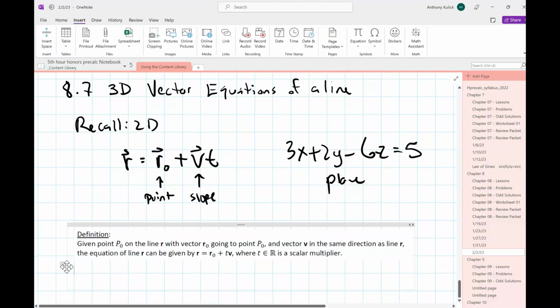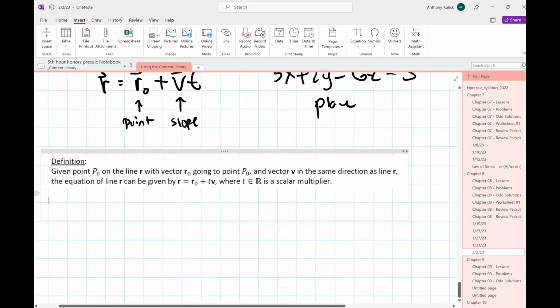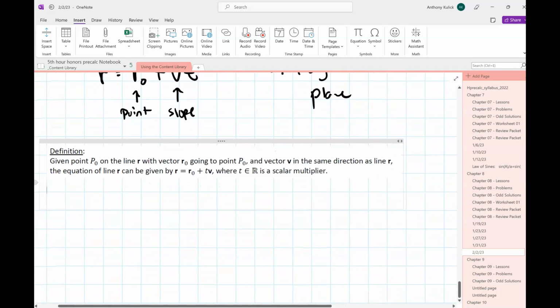For some point P naught on the line R with the vector R naught going to point P naught, and the vector V in the same direction as line R, the equation of R can be given by R equals R naught plus tV, where t is just some scalar multiplier. Same form as 2 dimensions, right?